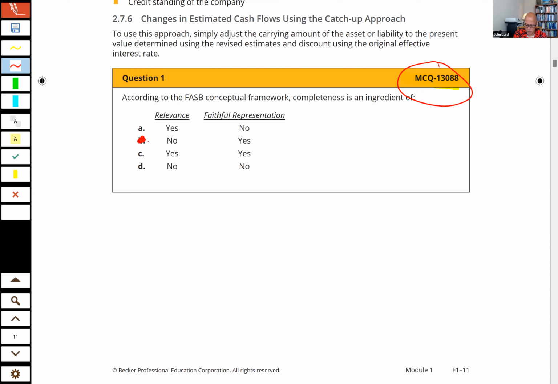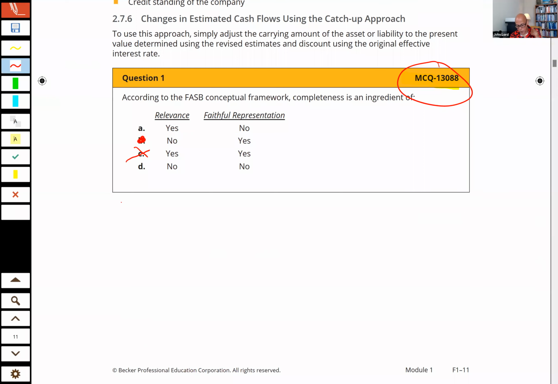Now, the answer that came in at the last second, somebody just picked C. And I can't understand why anyone would pick C, because we observed during the discussion that neither of the fundamental characteristics share the same ingredients. So relevance and faithful representation are the fundamental characteristics, and none of them share the same ingredients. So C can't possibly be the right answer. You could eliminate C right off the gate, right?